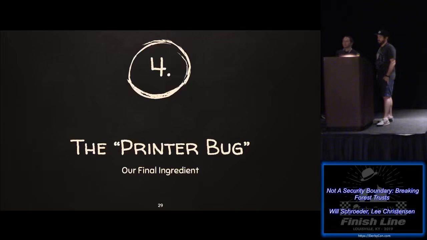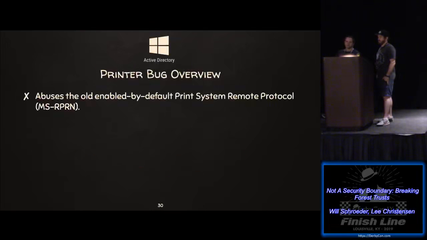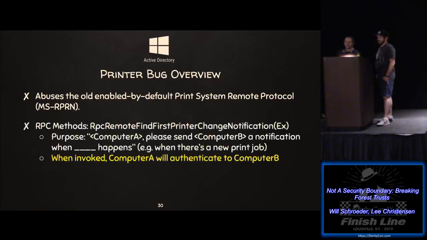Our problem here is we want to be able to coerce a privileged account to authenticate to an unconstrained server. The printer bug is a nice little thing that I discovered. It abuses an old printer protocol, the MS-RPRN protocol.